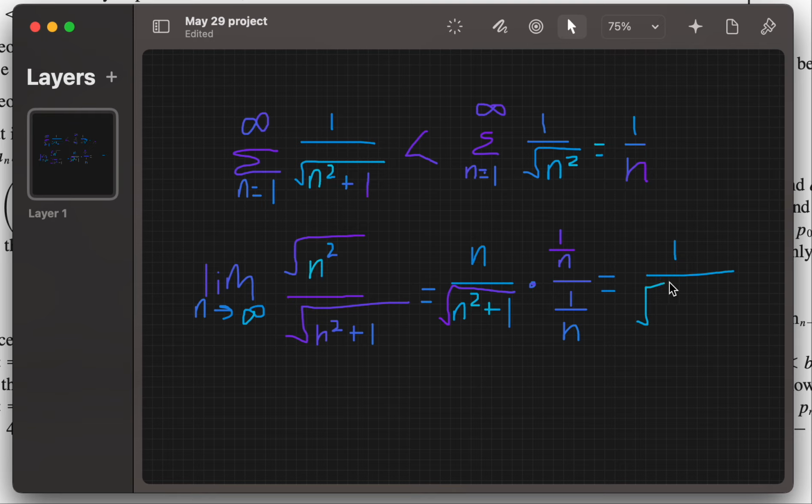So really you would have the radical of 1 over n squared times the radical of n squared plus 1. And what does that give you? That gives you 1 over, so n squared over n squared would be just 1 plus 1 over n squared.